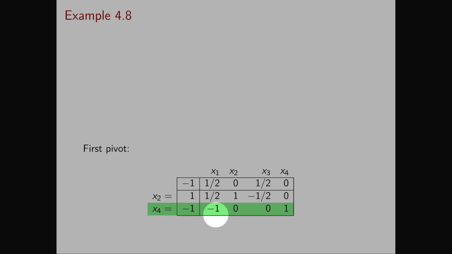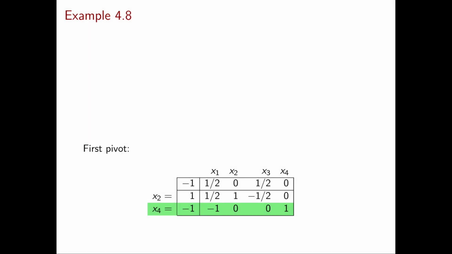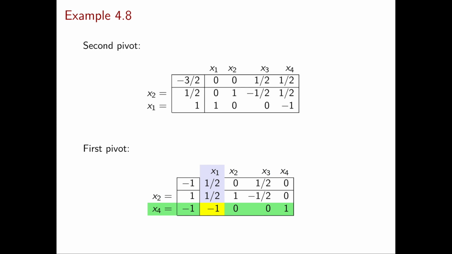There is only one negative entry in the pivot row, so the first column will be the pivot column. We now perform the pivot and we obtain the tableau on the top of the slide. Now the entries in the 0th column, except for the 0th row, are all greater than or equal to 0. This means that we found a primal basic feasible solution, which is therefore also optimal, and the dual simplex terminates.